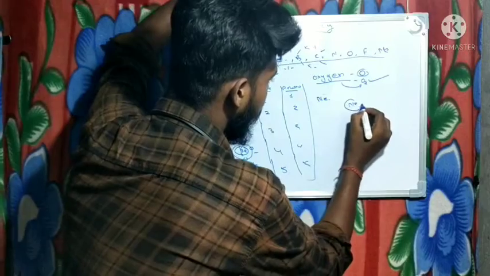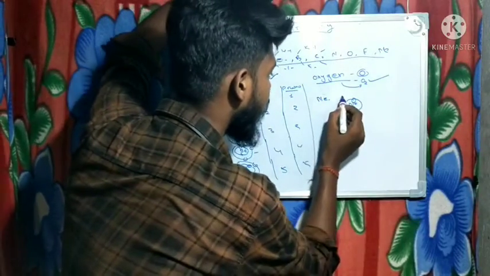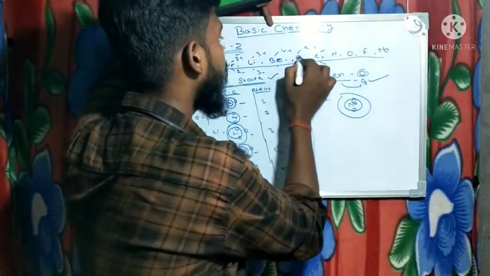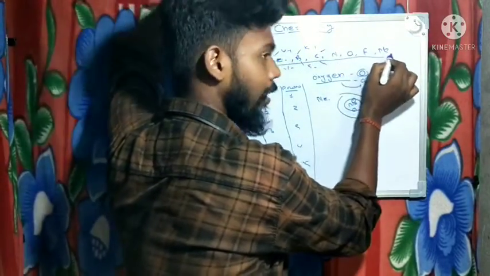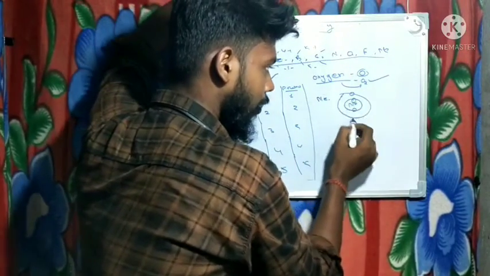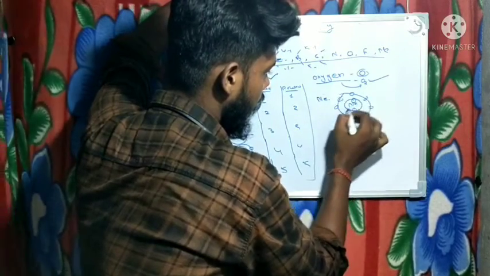Neon has 2 in the first cell, and as neon is 10, see here 1 2 3 4 5 6 7 8 9 10. In the second cell, 2 is gone, then the next 8: 2 4 6 8.